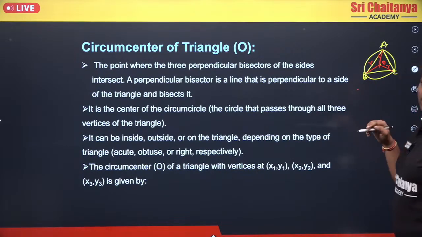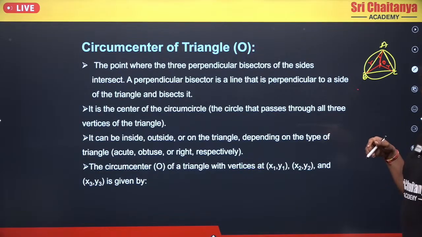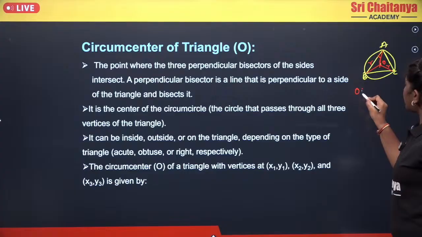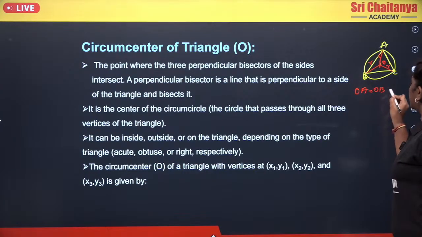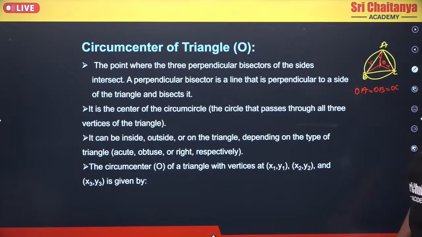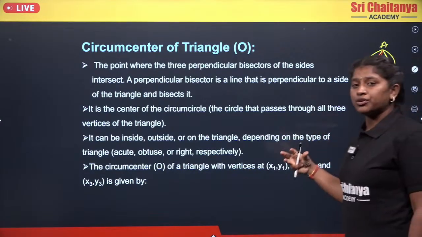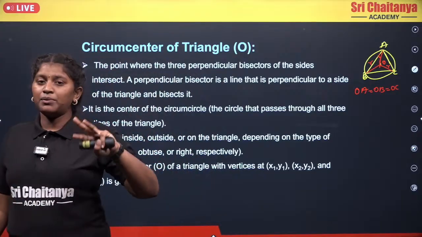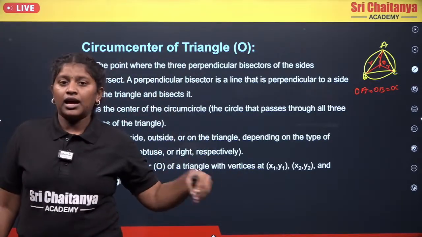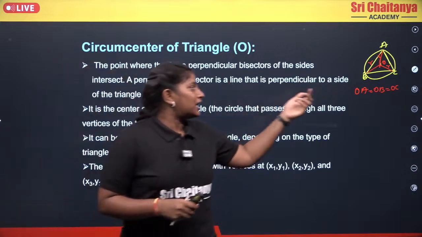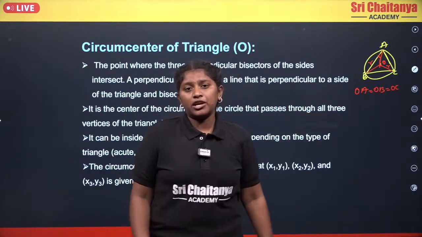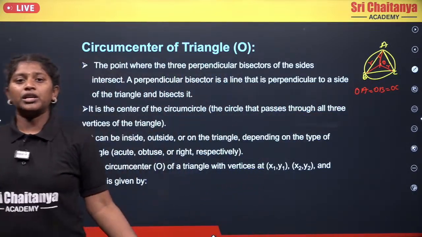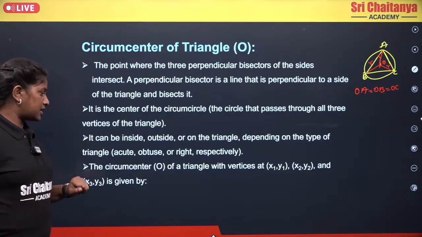From this we know that a circle has only one single value for all the radii, so you can write OA equals OB equals OC. Understood? If you simplify these conditions, you will get the coordinates of your circumcenter, because they will be giving you the 3 vertices of the triangle, and from there you will get the conditions that the radii are equal. So from there you will get the coordinates of your circumcenter.